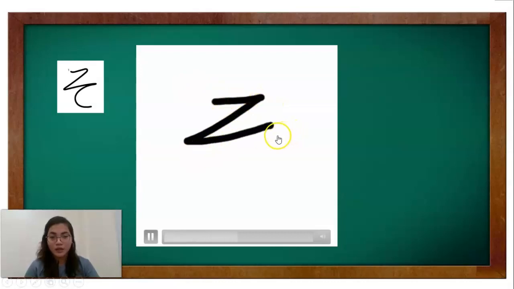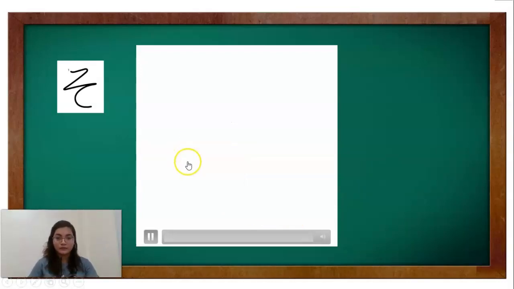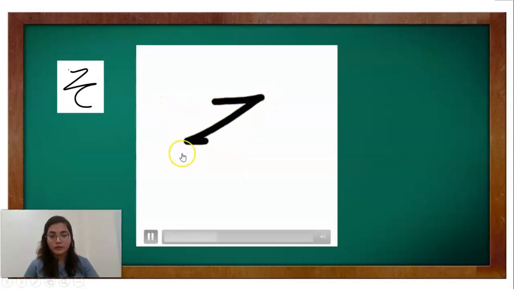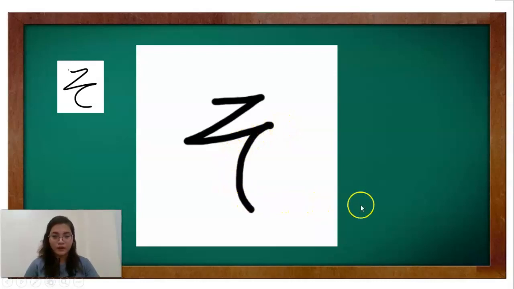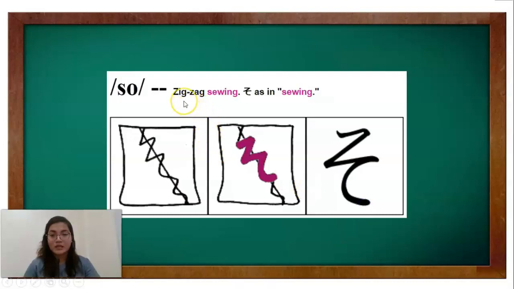1 and that's it. Okay, let's try it one more time. 1. Okay, and this character, just imagine zigzag sewing. So as in sewing.